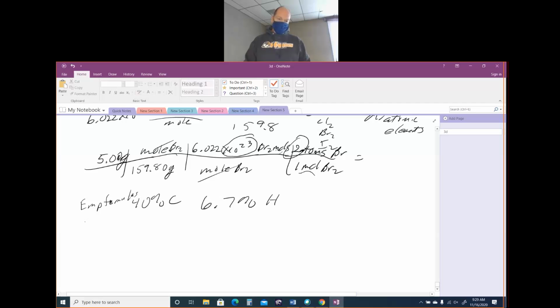It will also say that this compound contains carbon, hydrogen, and oxygen. So you have a compound that has carbon, hydrogen, oxygen.